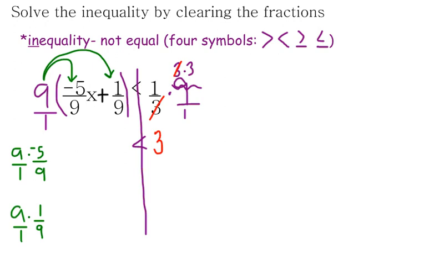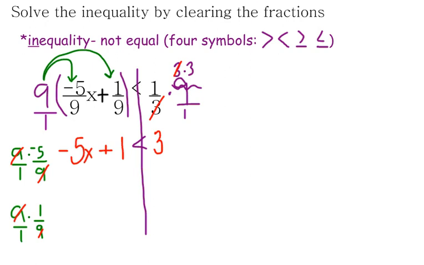I chose 9 because I knew it would cancel out. There's a 9 here on the top and bottom. So that's going to leave me with just negative 5 over 1, which is negative 5, and then the x is there. And on this one, actually, these are multiplicative inverses or reciprocals. 9 on top and bottom, again, I'm just going to be left with a 1, and it was a plus 1. Now this is a two-step inequality that you guys are very good at solving.